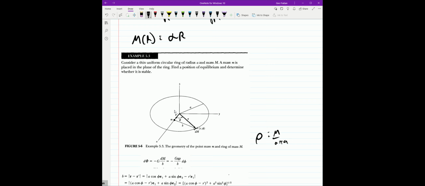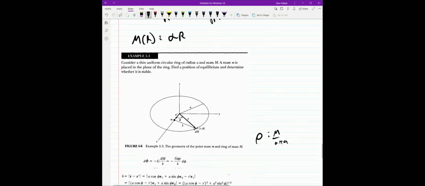Because intuition tells us if this is uniform, then all these little dm's are going to be applying a force towards it on the mass. It has all these forces here. So near the center is where the equilibrium point is assumed to be.